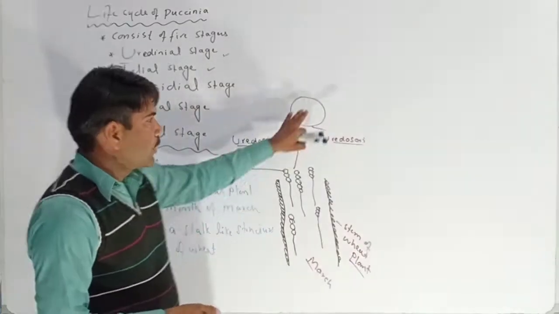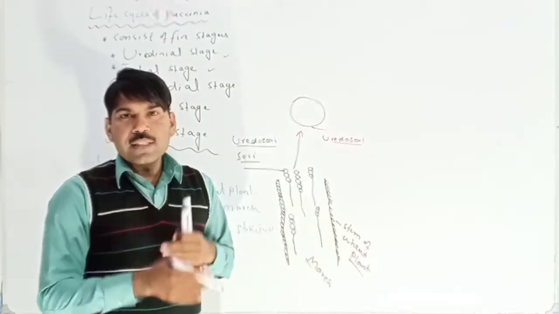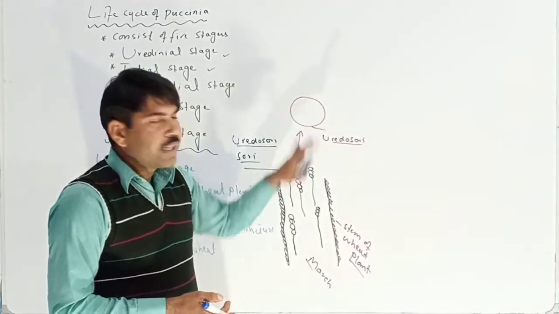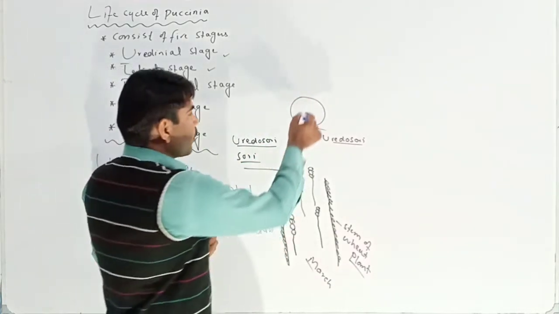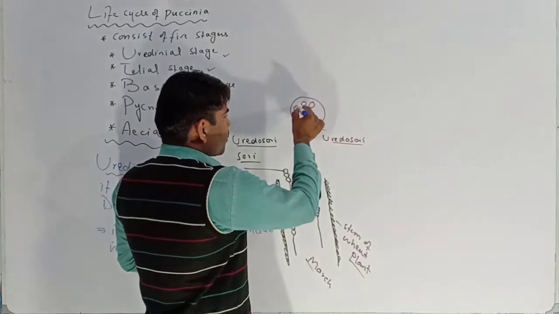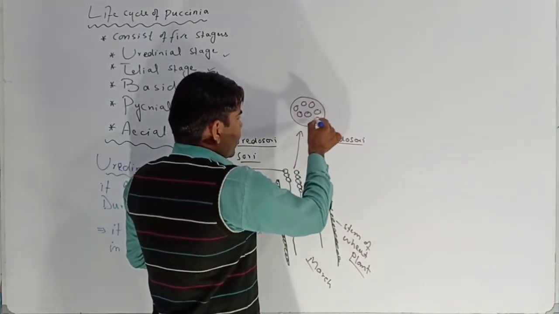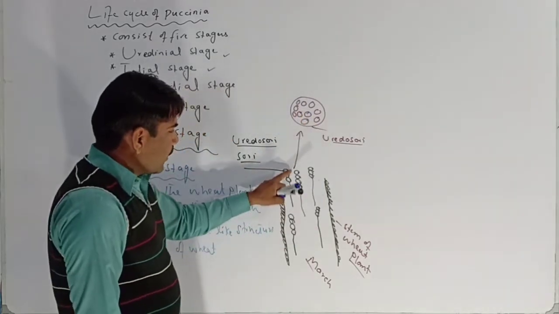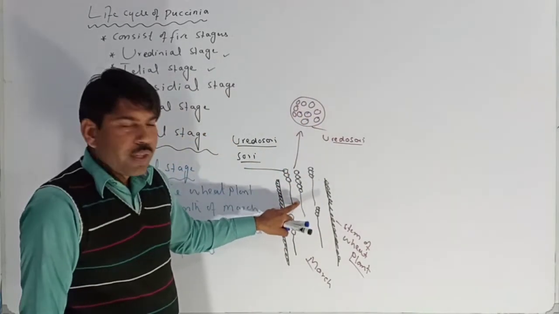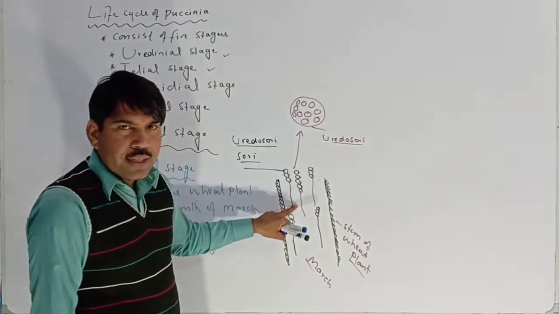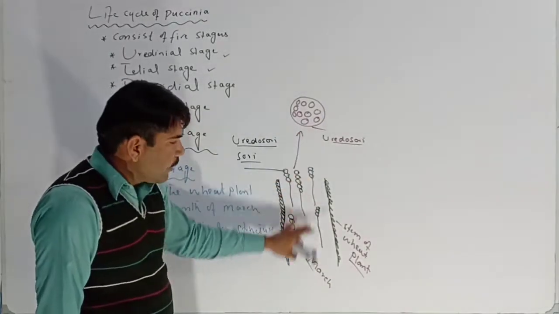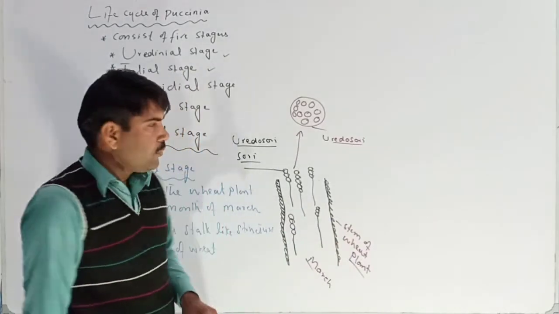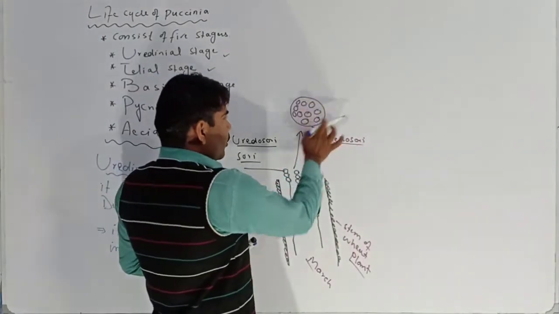Uridosori are those structures which contain the spores, and the spores produced inside the sori are known as uridospores. These spores are present in each sorus at the stalk, and this fungus is infecting the stem of the wheat plant.